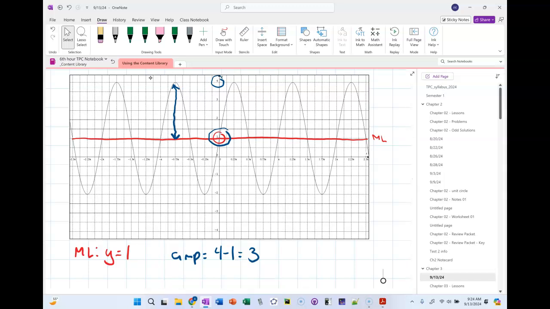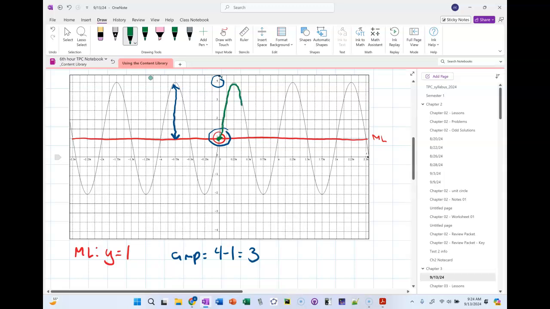All right, next thing I'm going to do is my period. So I'm going to pick a starting point. Again, if I can, I'd like to start at 0 where it's easy to see. And then I do an up, I do a down, and then bam, back to the midline. That's my end. So we started at x equals 0, and we end at x equals pi.